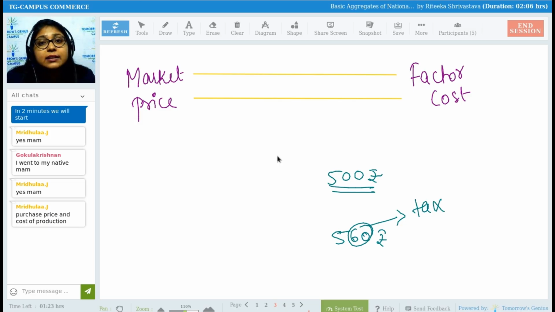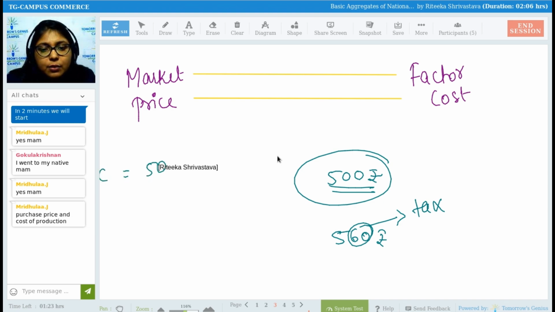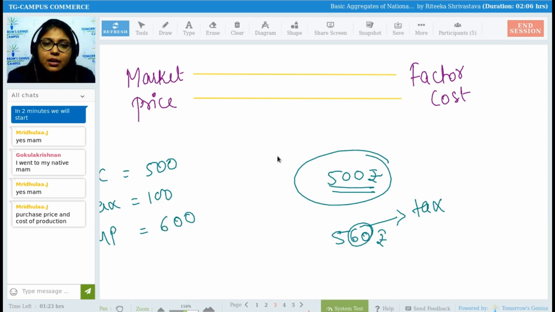So this is the tax because of which the product's price is getting increased. So say suppose the factor cost was 500 rupees, they add tax of 100 rupees and now the market price of the same product has become 600 rupees. So this is nothing but market price and factor cost, direct relationship with NIT.